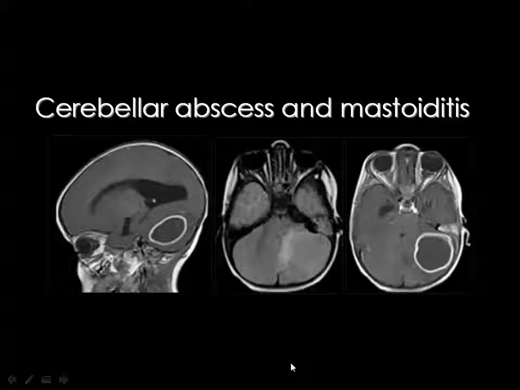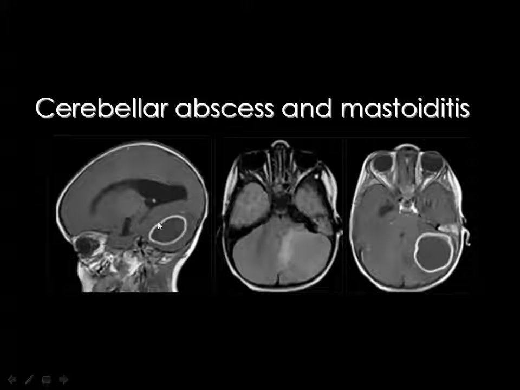Posterior fossa abscesses may be related to ear infection, and one of the tricks in the examinations is cases like this, where you forget to look at the petrous bone for signs of infection or inflammation, which may contribute to the etiology of cerebellar abscesses sometimes.